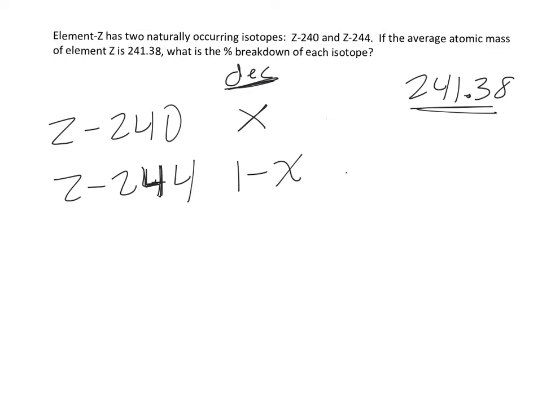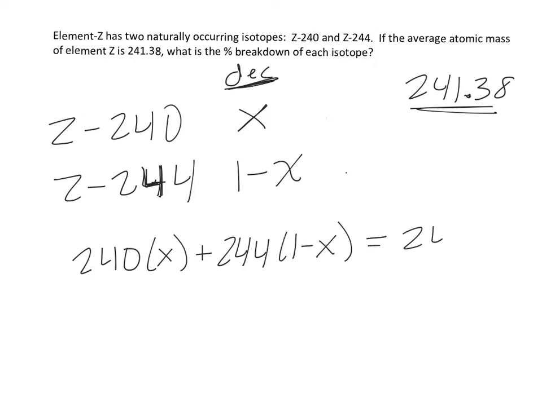So now we just write this out like a regular average atomic mass problem. It's a weighted average, so whatever amount of 240 there is times X plus whatever amount of 244 there is times 1 minus X is going to equal our average of 241.38. And then after this it just becomes an algebra problem.